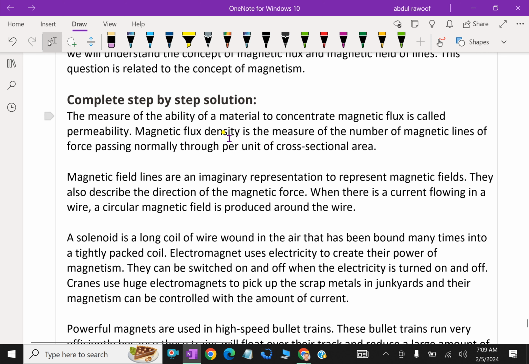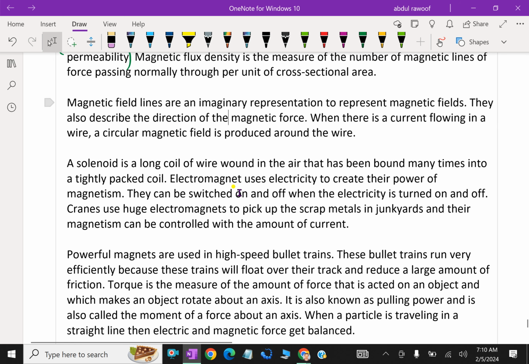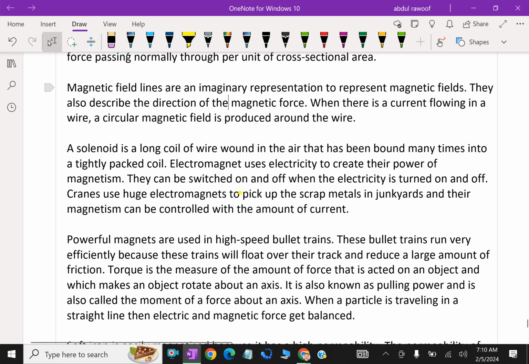The measure of the ability of a material to concentrate magnetic flux is called permeability. That means it depends on the number of lines passing through a particular cross-sectional area. Magnetic flux density is the number of magnetic lines of force passing normally through unit cross-sectional area. Magnetic field lines are an imaginary representation of the magnetic field. They also describe the direction of magnetic force.